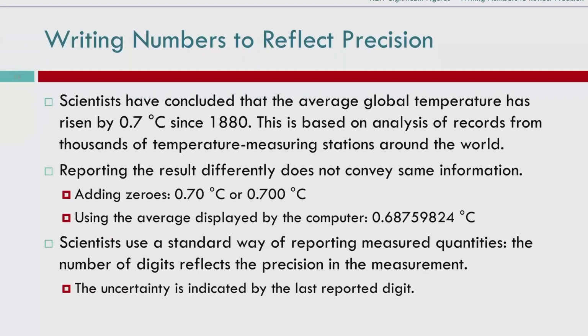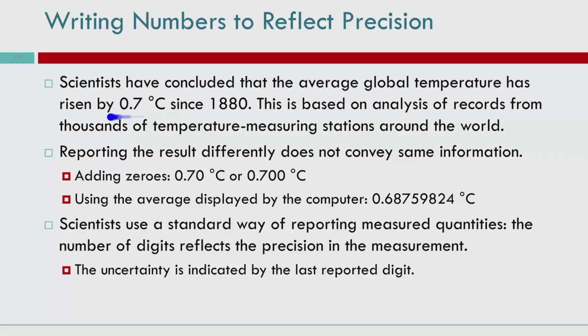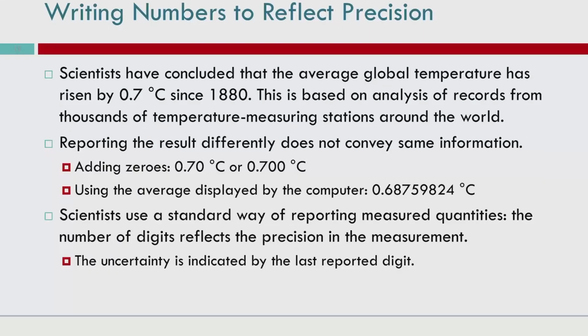Another example, this might be a little bit of old data, but scientists have concluded that the average global temperature has risen by 0.7 degrees Celsius, or more than 1 degree Fahrenheit, since 1880. That's based on analysis of records from thousands of temperature measuring stations around the world.